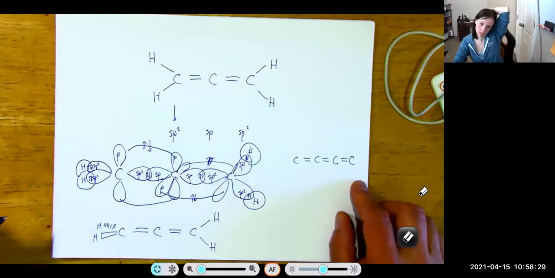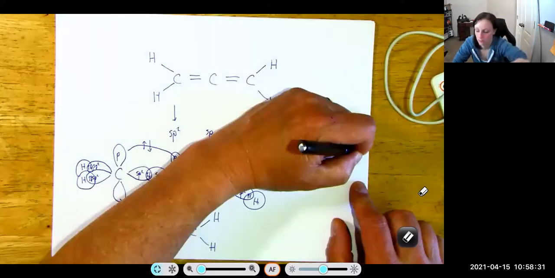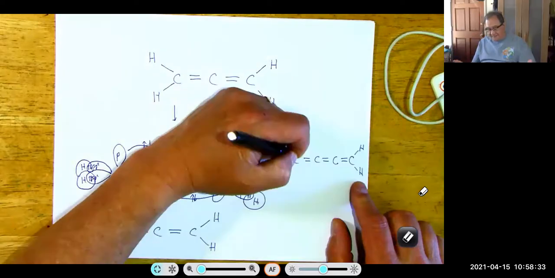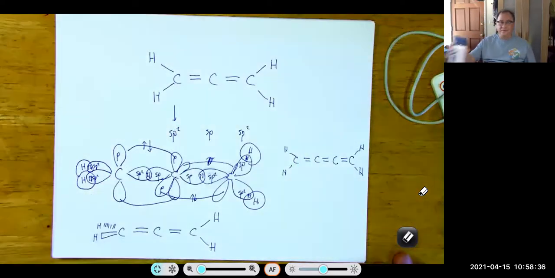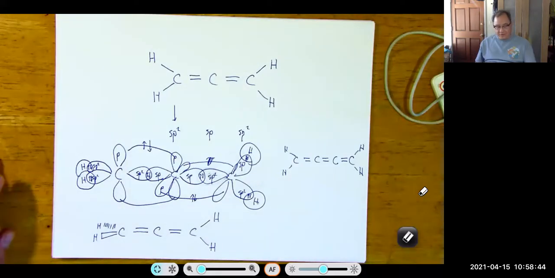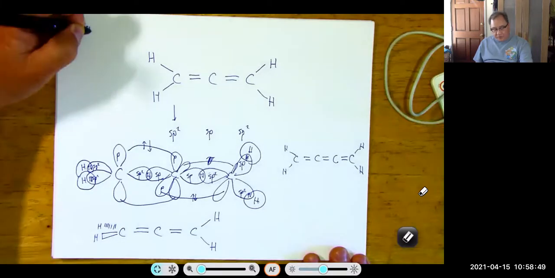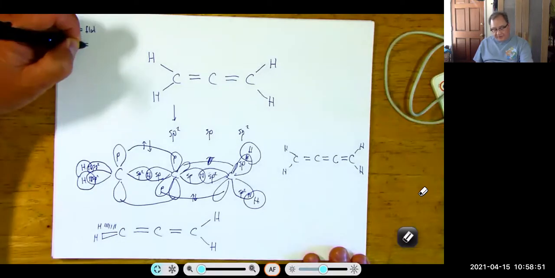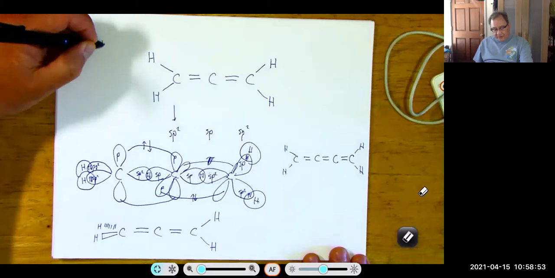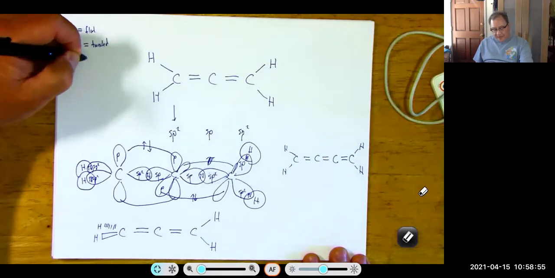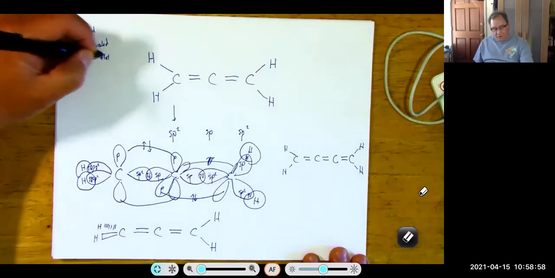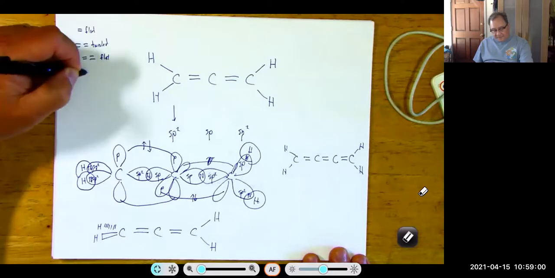And then it'd end up being flat. And then if we put 4 double bonds, it'll be twisted again. So it's like 1 double bond, it's flat. 2 double bonds, it's twisted. 3 double bonds, it's flat. 4 double bonds, it's twisted.